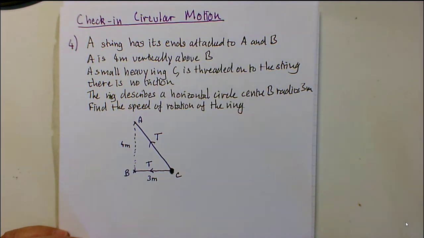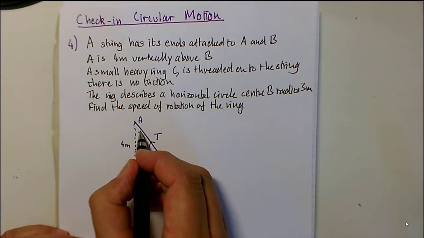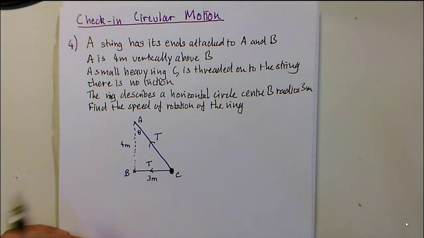The way we always do these: resolve horizontally, resolve vertically, and hope it all comes out in the wash. So the first thing I'm going to do is call this theta up at the top, because that's what we usually mark in as our angle when it's a conical pendulum, but it's a bit of a weird one because this bit of string is extra long and it goes all the way down to here.